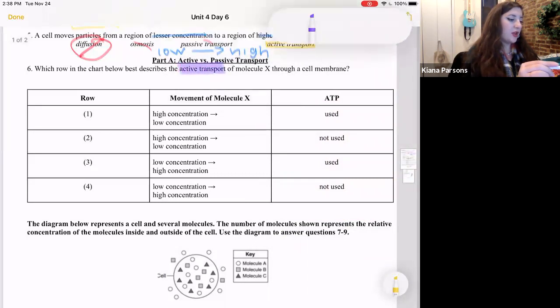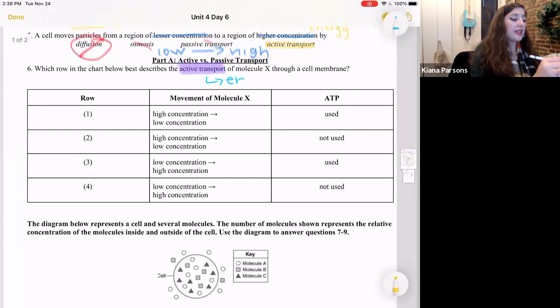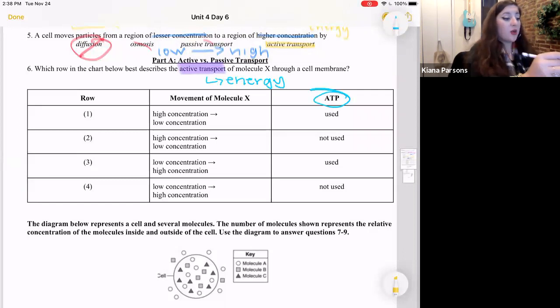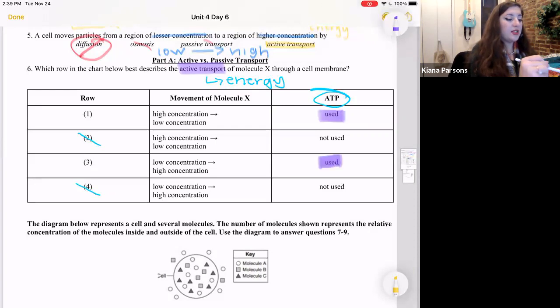Active transport, we know that it needs energy, right? So that's what this ATP is talking about. So we know ATP is used, right? Active transport means it uses energy. So right off the bat, we can eliminate 2 and 4 because they didn't use ATP. So now we're checking out these two answer choices.